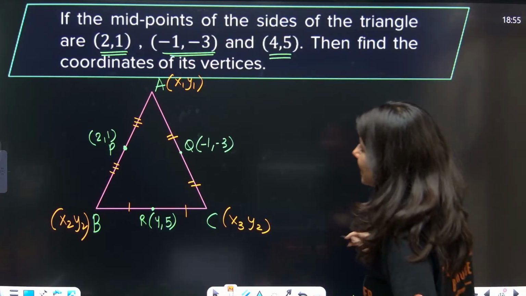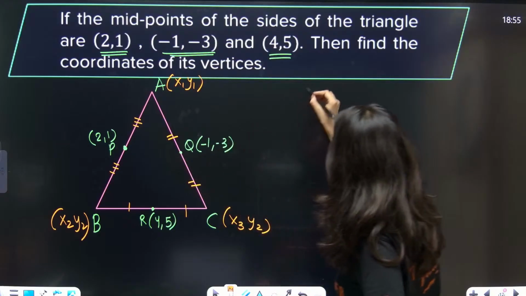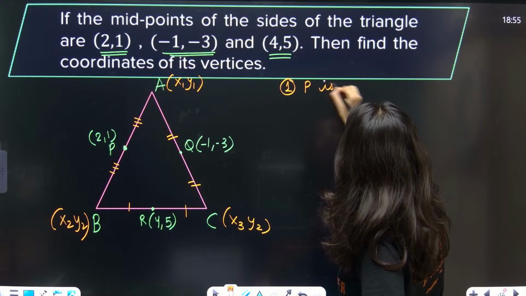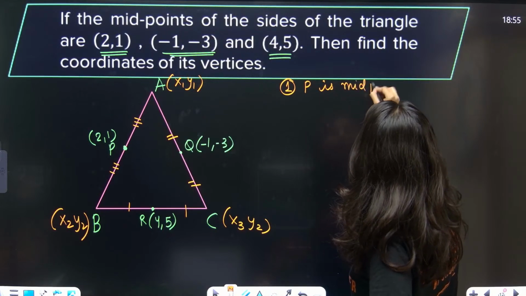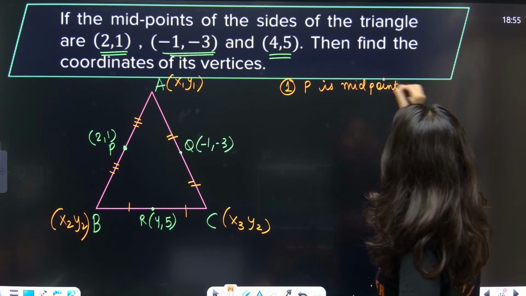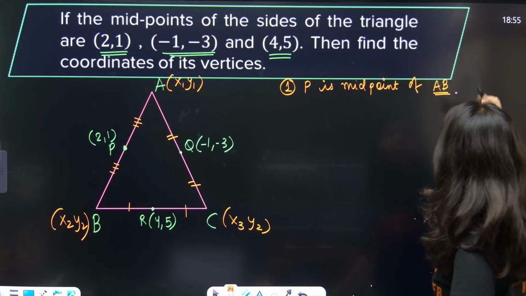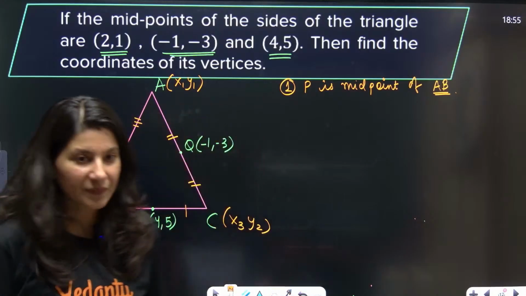So first thing is, let me just write that P, first thing. P is midpoint of AB, everybody. P is midpoint of AB, correct or not?